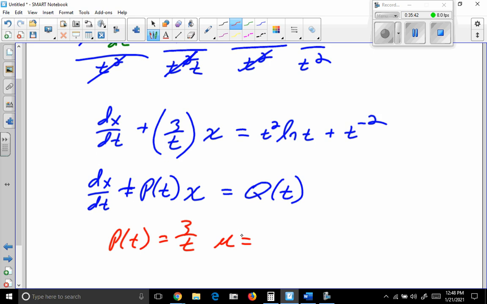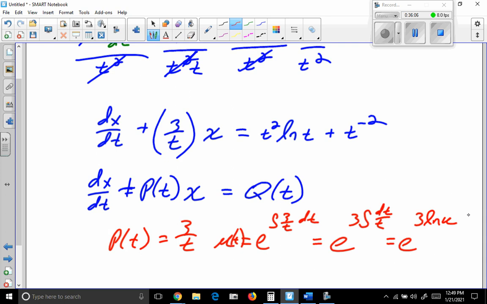So mu of t is going to be e to the integral of that, 3 over t dt. If we put the 3 out front, then we'll have the integral of dt over t. So this is e to the 3 times the integral of dt over t, which is natural log absolute value of t.